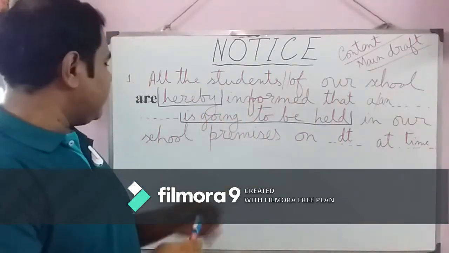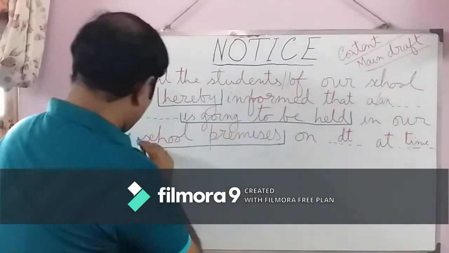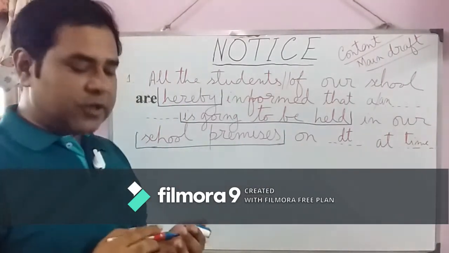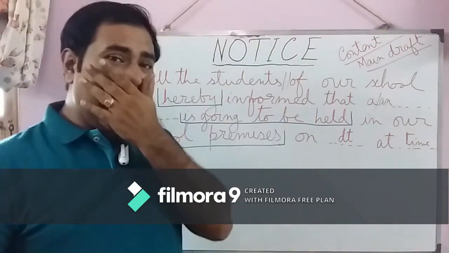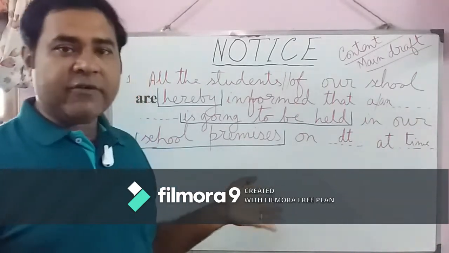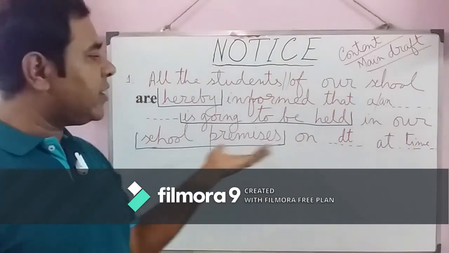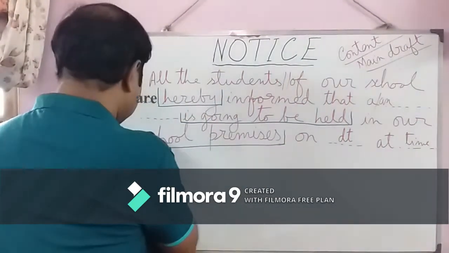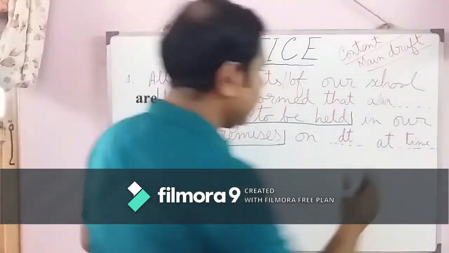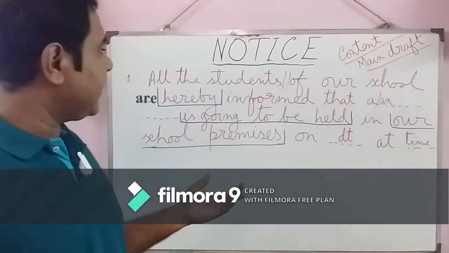In our school premises, this also you may note carefully. We are issuing a school notice for the students of our school, and usually the incident takes place in our school premises. If it takes place elsewhere, then we have to mention the place, not our school premises, but the place that is required.